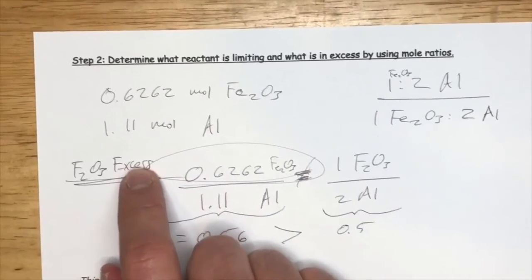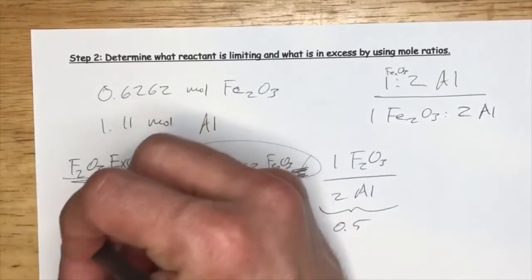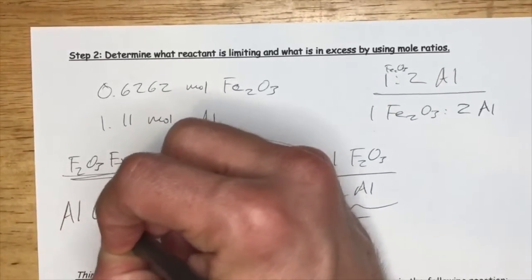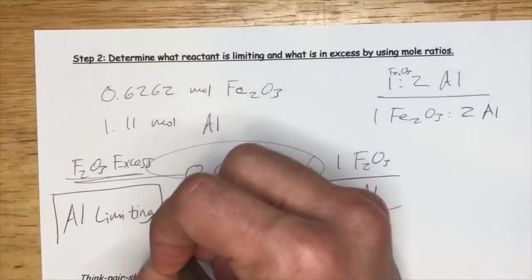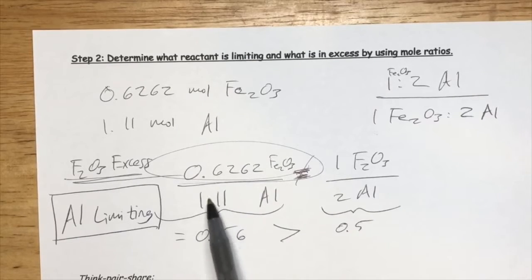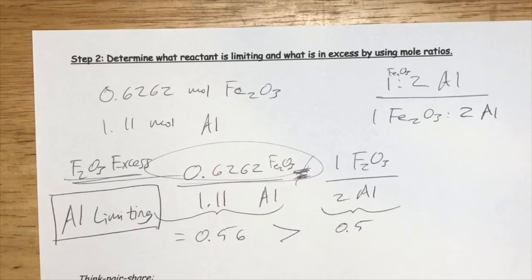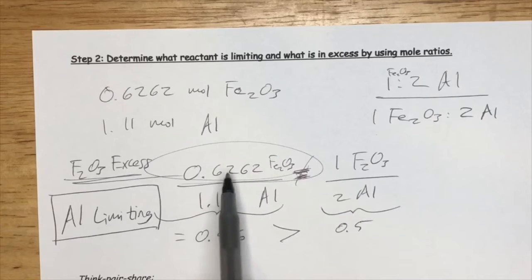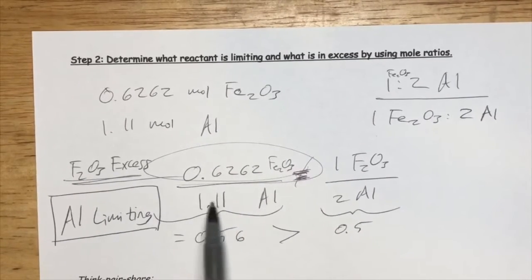If Fe2O3 is in excess, then that means the other thing has to be limiting, which means Al is limiting. So we would have used up all of the moles of Al, okay, and had a little bit of leftover Fe2O3, okay? We would have needed a little bit less, exactly half of 1.11.